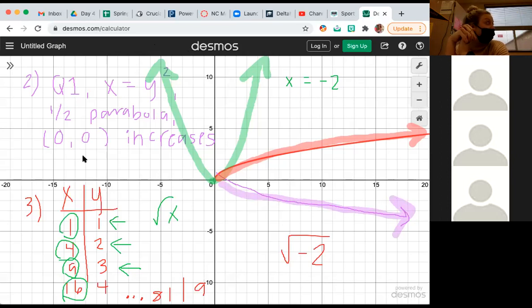So technically, the y's could be negative. Why do you think they're not on the graph? This goes all the way back to middle school. What's wrong with this red and purple graph? It's a what? That's okay.